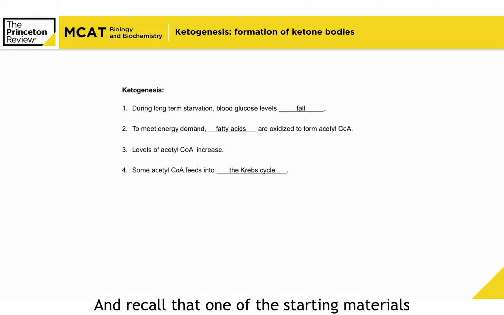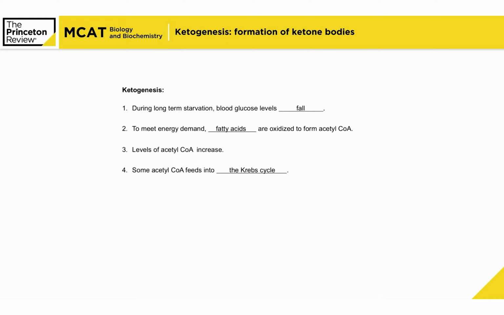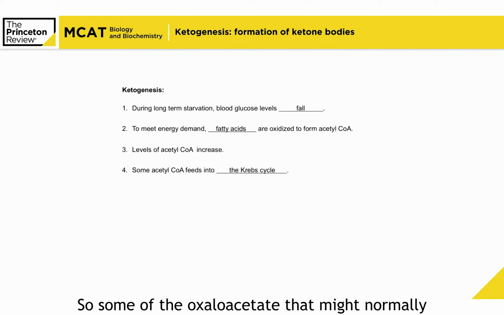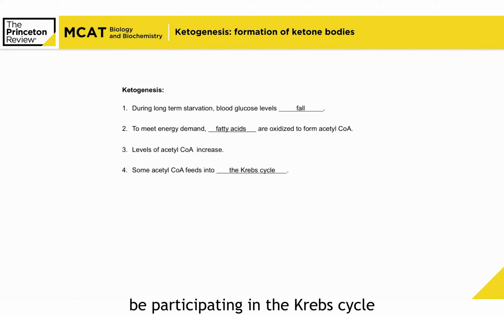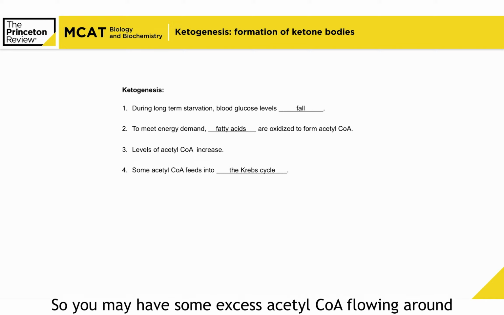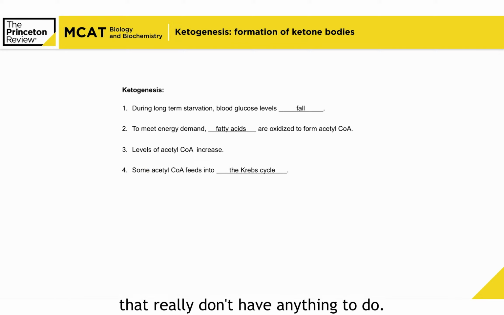And recall that one of the starting materials for gluconeogenesis is oxaloacetate. So some of the oxaloacetate that might normally be participating in the Krebs cycle could be drawn off into gluconeogenesis. So you've got tons of substrate for the Krebs cycle, it is overwhelmed, and may not be running super efficiently because oxaloacetate is being drawn off. So you may have some excess acetyl-CoA flowing around that really doesn't have anything to do.